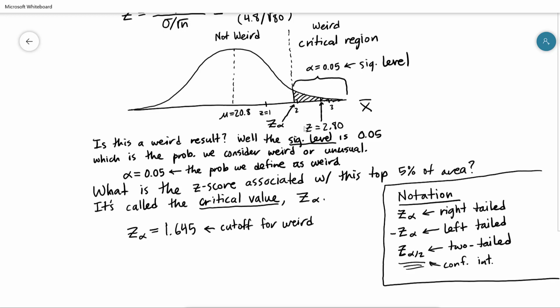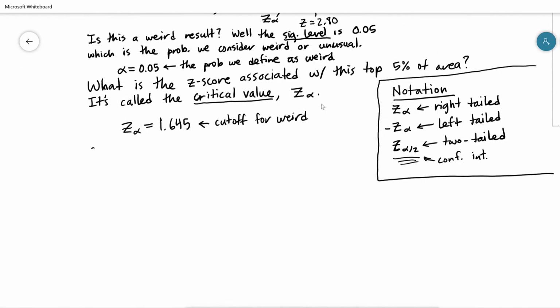So did our result, the z equals 2.8, fall in that weird region? Absolutely. So is z equals 2.80 weird? Yes, definitely, because it's more extreme than the cutoff we had for weird.